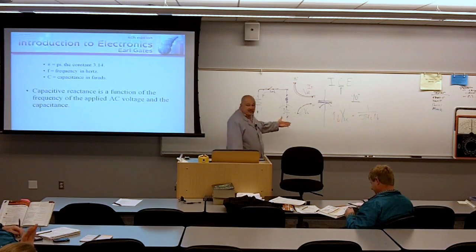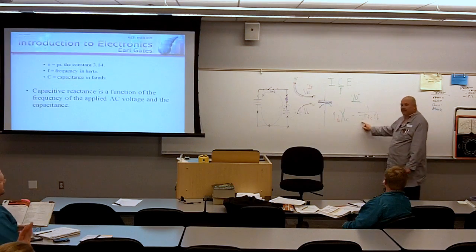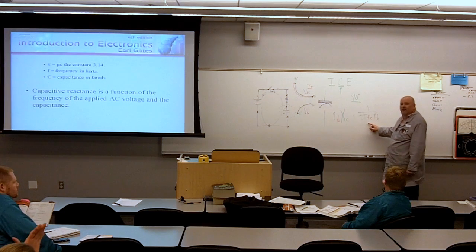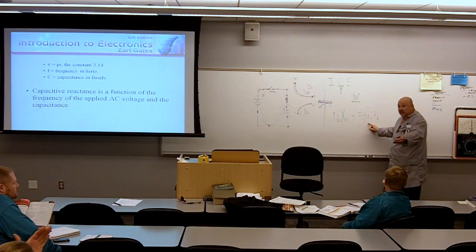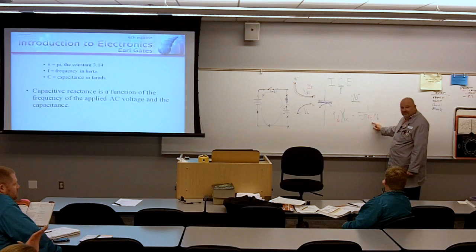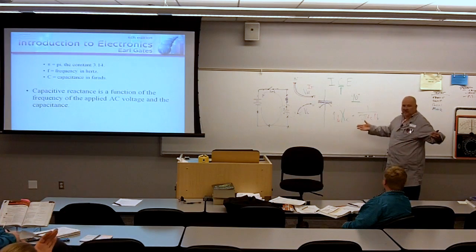Because now, check out just this formula. 2 times pi, the mathematical constant, times frequency, probably going to be in kilohertz or megahertz or gigahertz, times 10 to the third, 10 to the sixth, 10 to the ninth, times 10 to the negative sixth, negative ninth, negative 12th. It's a huge number to input.